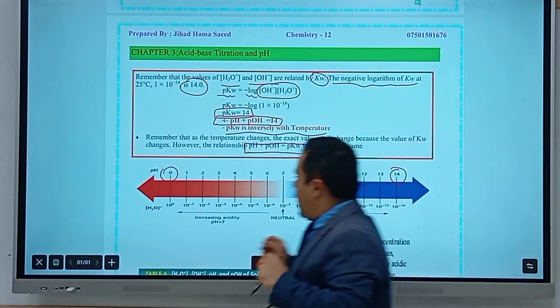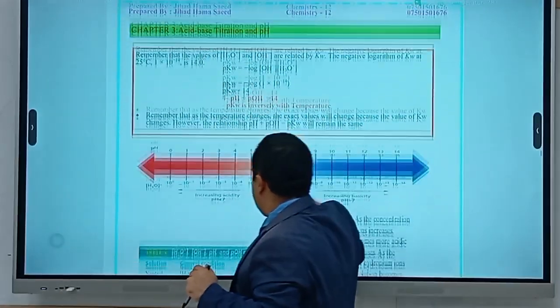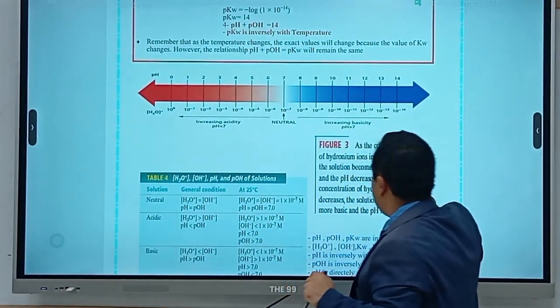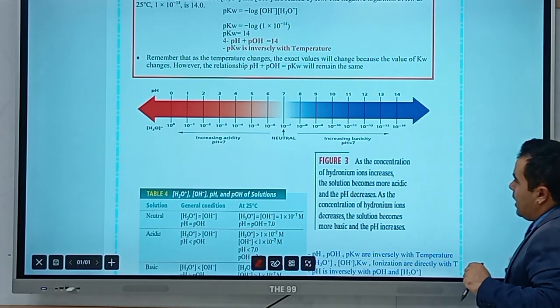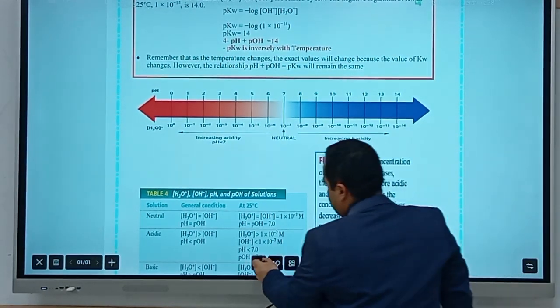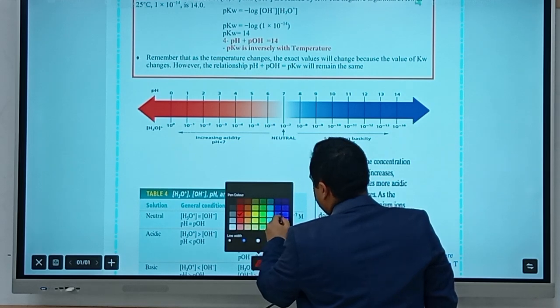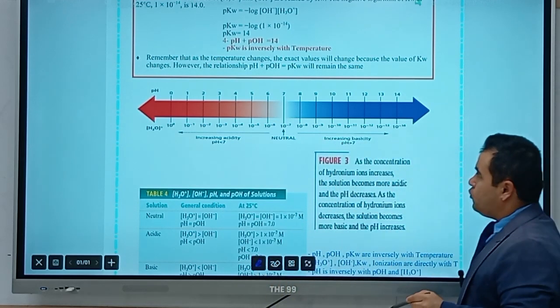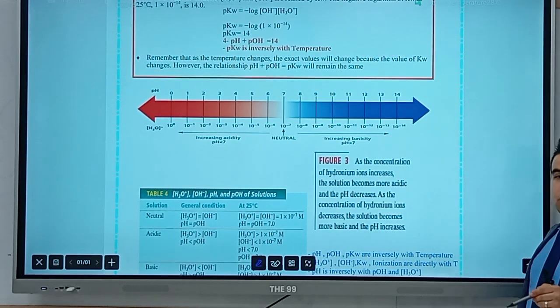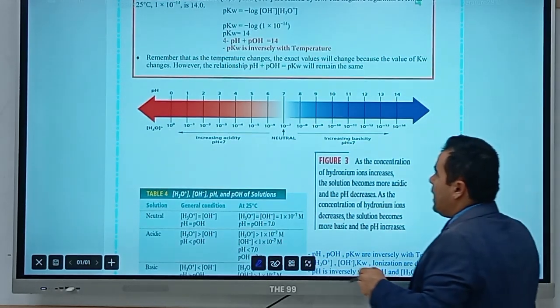Guys, I will be providing direction or some information on this scale. The scale must be used to determine the pH, pOH, hydronium and hydroxide.